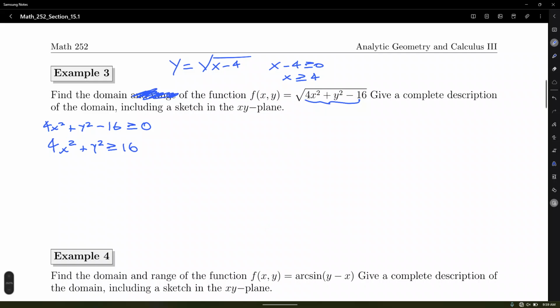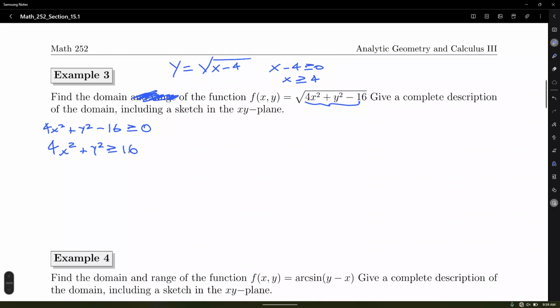So conics, when we have both variables squared, maybe one positive, maybe one negative, we want to have a 1 on the right hand side of the equation. So I'm going to divide both sides by 16. So x squared, 4 over 16, x squared over 4, plus y squared over 16, greater than or equal to 1.